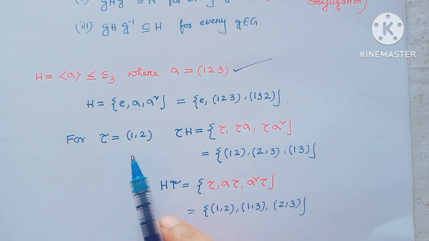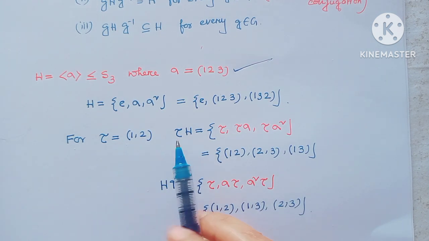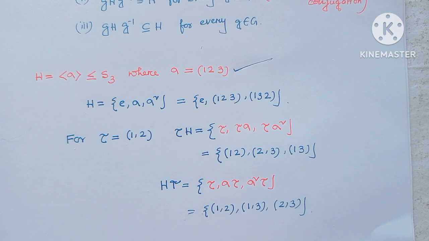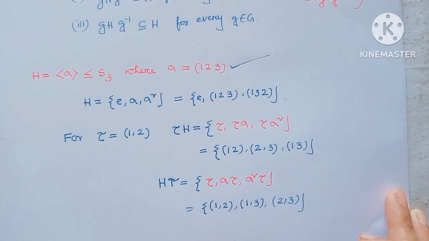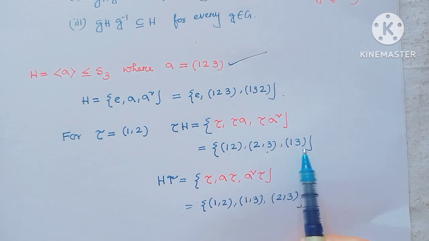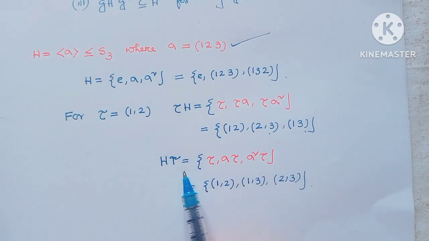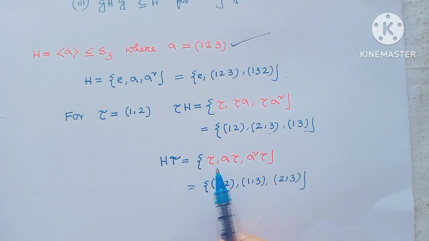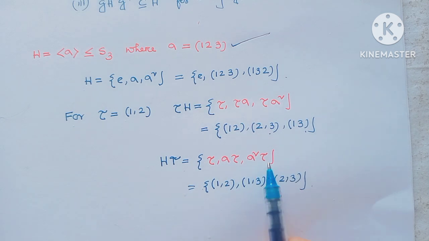If we consider tau equal to (1 2), then tau A is equal to tau, tau sigma, tau sigma square, and this is equal to (1 2), (2 3) and (1 3). And A tau is equal to tau, sigma tau, sigma square tau. This is equal to (1 2), (1 3), (2 3).